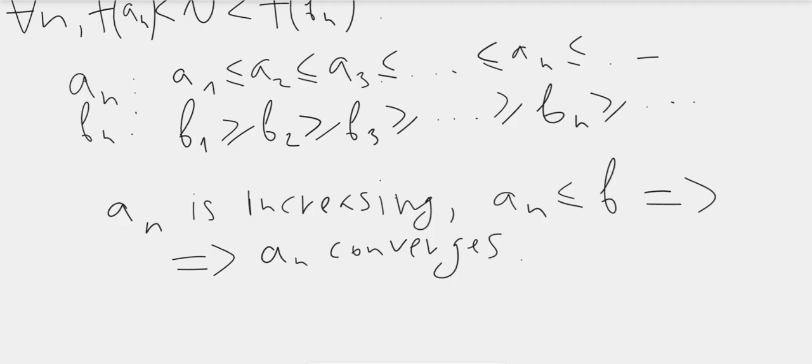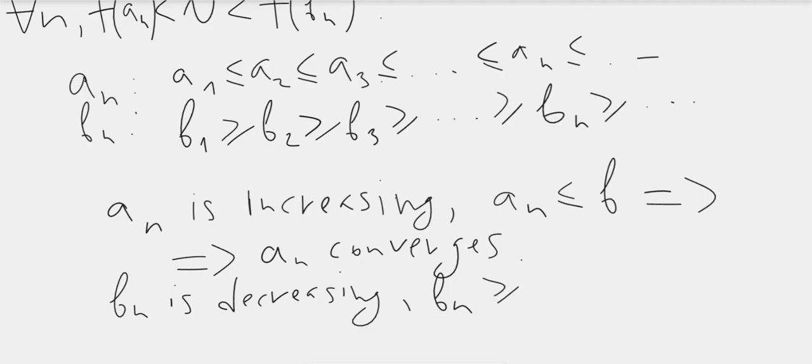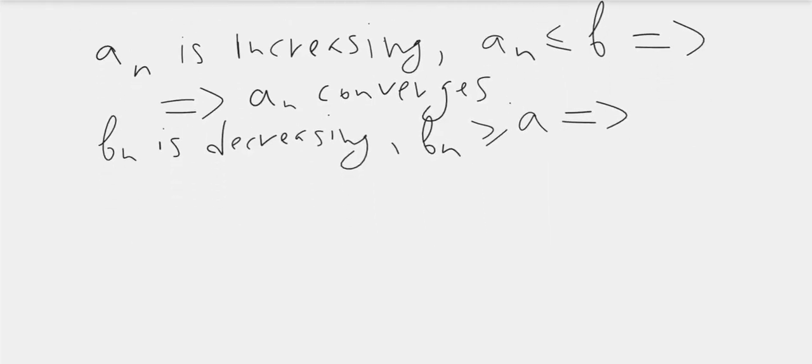Similarly for bn. So bn is decreasing and it is bounded from below, so it's greater or equal than a. Therefore, we conclude that bn converges.